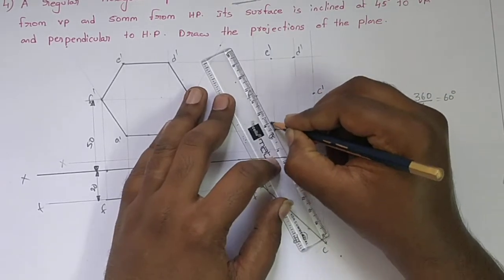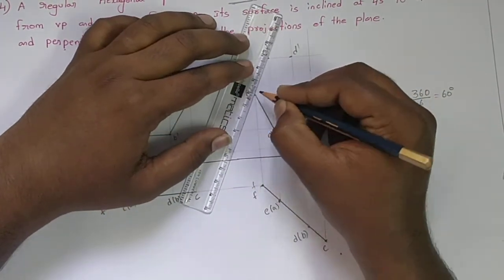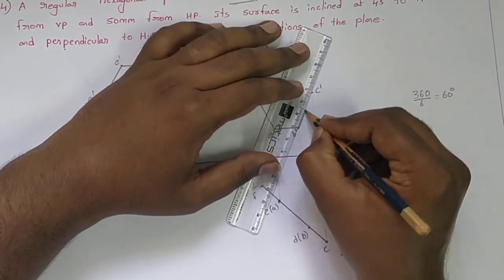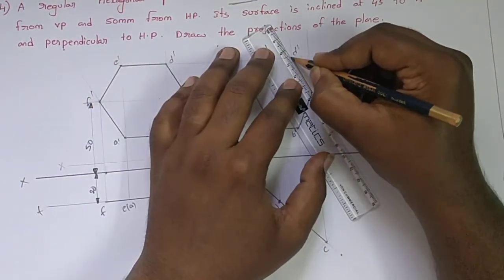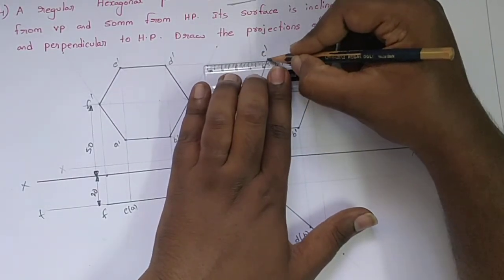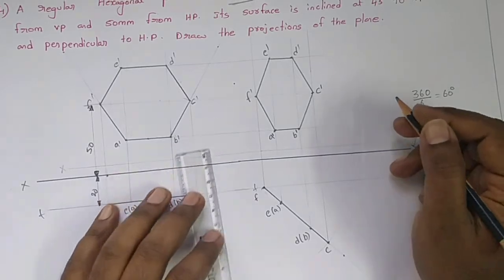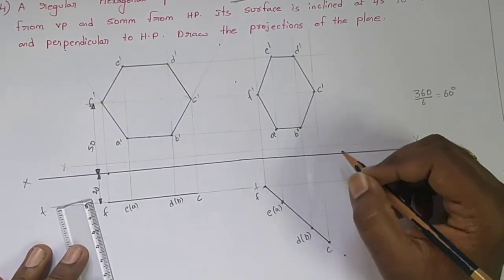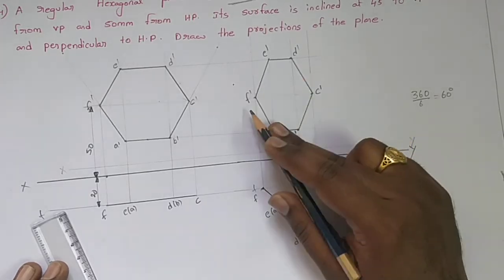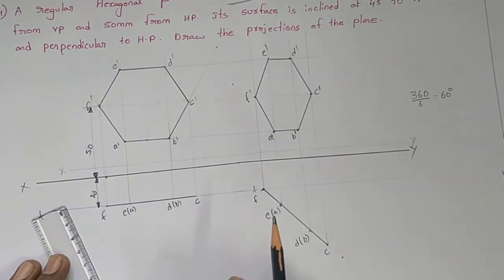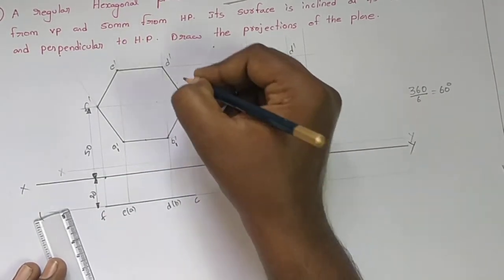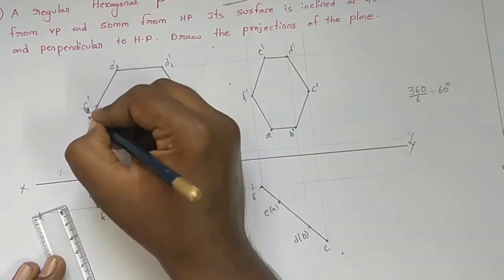We got the front view when the plane surface is 45 degrees to VP and perpendicular to HP, and one of its corners is 50 mm above HP and 20 mm in front of VP. Okay, it is the front view. But here the points A dash, B dash, C dash, D dash, E dash, F dash are in the same, so I am changing the notation as A1 dash, B1 dash, C1 dash, D1 dash, E1 dash, F1 dash.